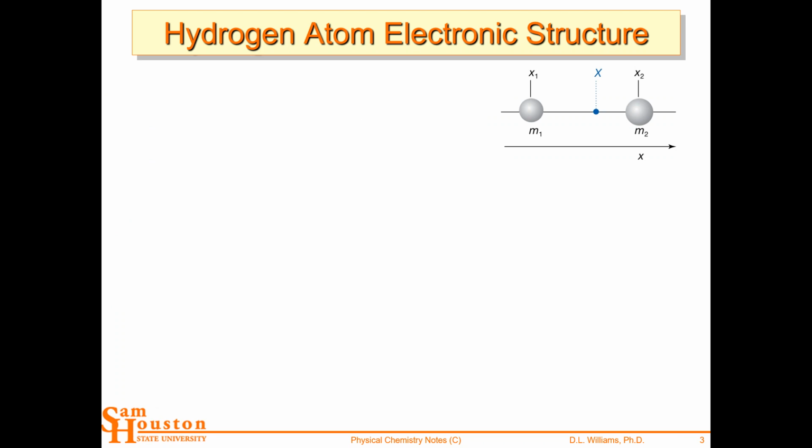So let's think about the hydrogen atom. Just the electronic structure of the hydrogen atom. You have a nucleus, a proton, and an electron. And so you have a potential energy term. It's that Coulombic attraction term between oppositely charged particles. So that little bitty e is the charge on the electron, or the charge of a proton. It's that single unit of charge that we have for protons and electrons.